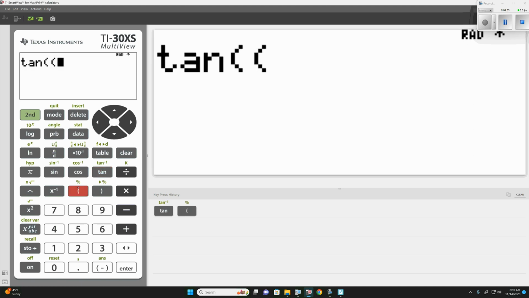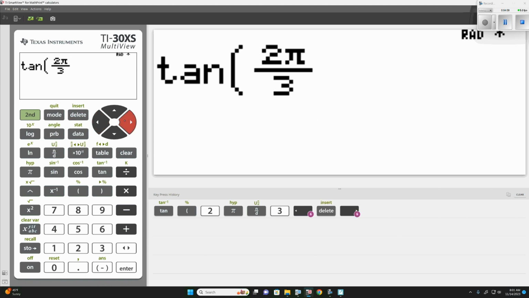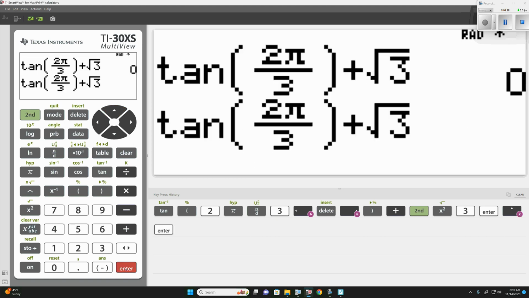Tangent of 2 pi over 3, close parentheses, plus square root of 3. 0, just like we had it started out as. I can reselect it to bring it back down, or I could type the whole thing back in. And we said 5 pi over 3, which is 0.